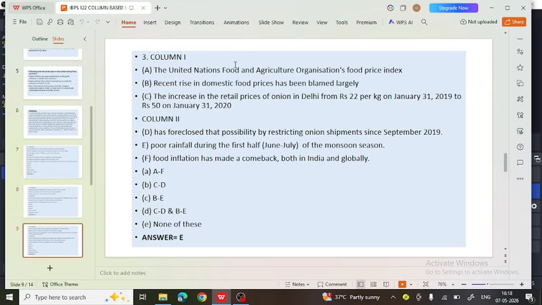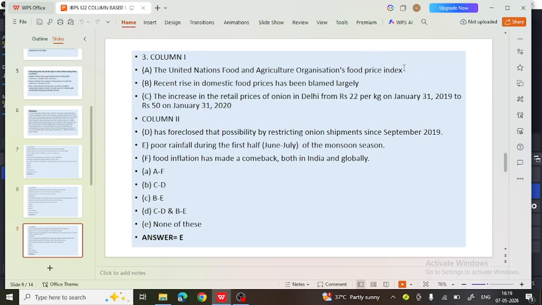Column 1. The United Nations Food and Agriculture Organization's Food Price Index has foreclosed that possibility by restricting onion shipment since September 2019. Then grammatically it does not sound correct. See the next option.